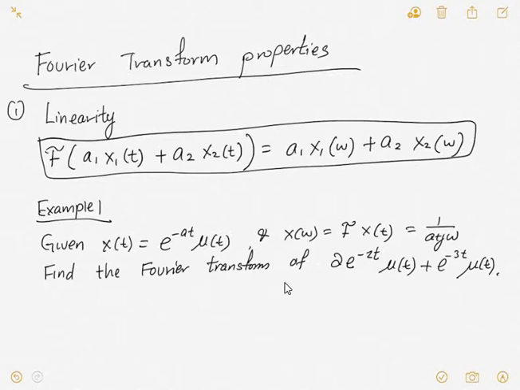Okay, if you look at this one, the Fourier transform of the x(t) is like this, and this is the x(t). The Fourier transform of x(t) is 1 over a plus j omega. So is it the same with this one? We have this one, right? If you have the exponent negative at, it means that the a here is what?